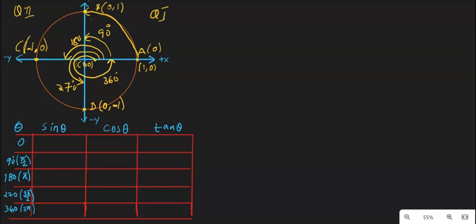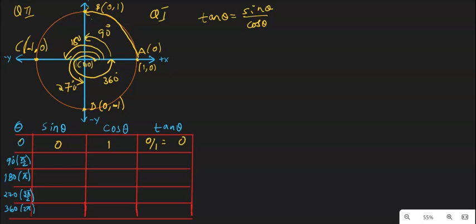If you wish to find the value of tangent, what we can do is divide sine by cosine: tangent of any angle is sine of that angle divided by cosine of that angle. So at angle 0, sine is 0, cosine is 1, and tangent is 0 divided by 1, which is 0.